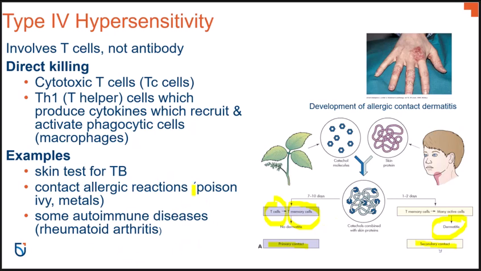It also includes other reactions. I talked about poison ivy, but also being in contact with certain metals. A type 4 component may also be present in some autoimmune diseases, particularly rheumatoid arthritis, where the T cells attack the collagen that's found in joints.